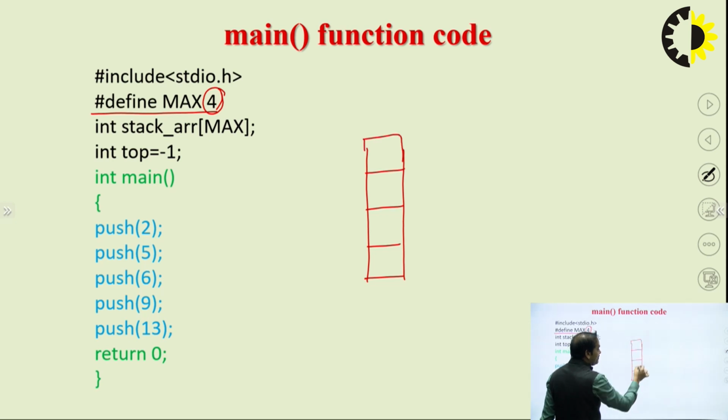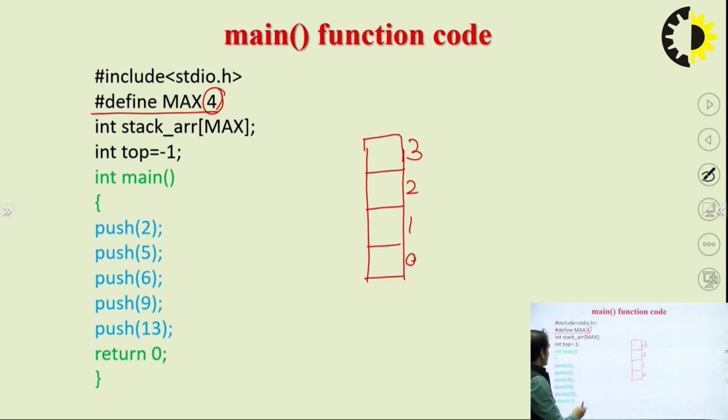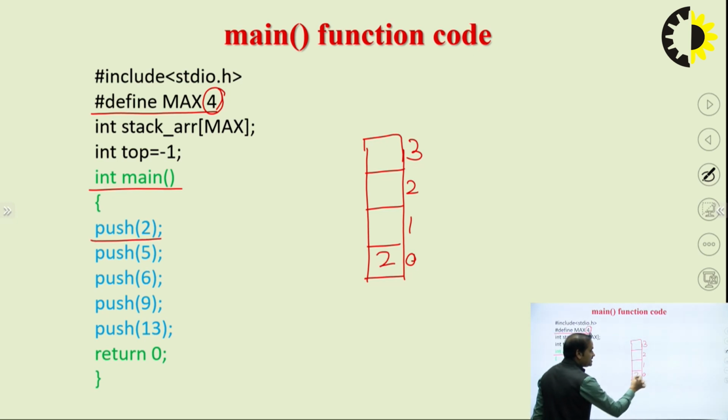We have only 4 spaces to insert or delete elements. Top equal to -1 indicates that our stack is empty. In the main function, we push 2, the first element inserted.